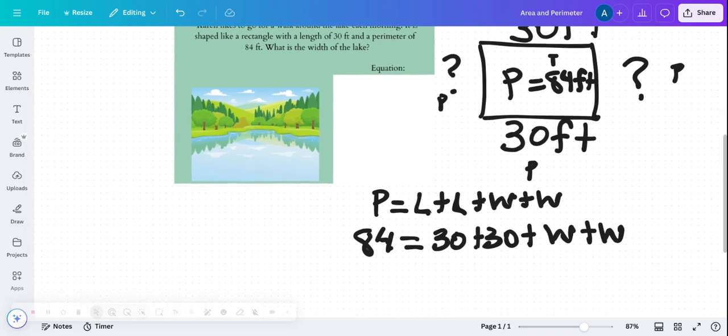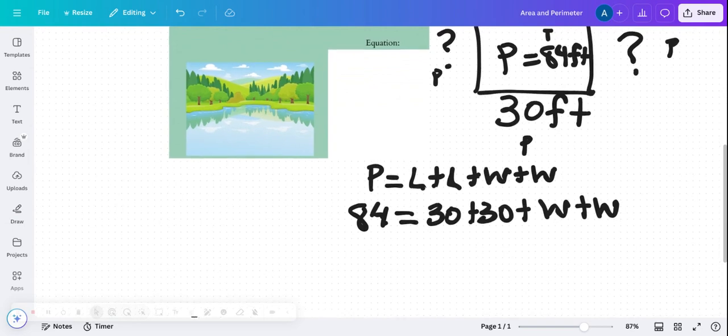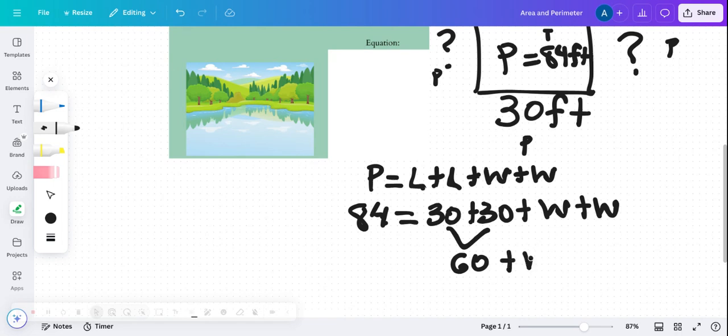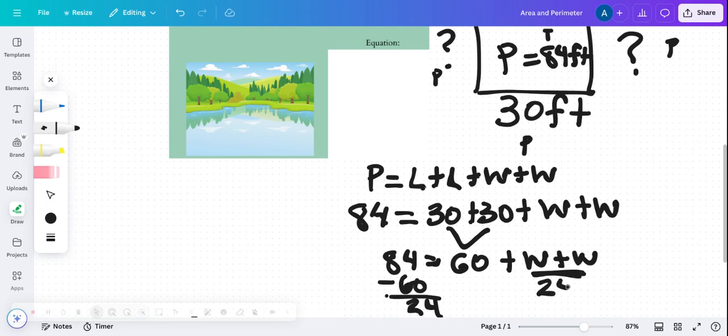Whenever we're working backwards like this and we know the total and we have some missing parts, our strategy is to add up what we know: 30 plus 30, which equals 60, and then 60 plus W is the total of 84. So in order for us to get 84, it has to be 60 plus something to make 84. I need to subtract 84 minus 60. That gives me 24. So W plus W has to equal 24.